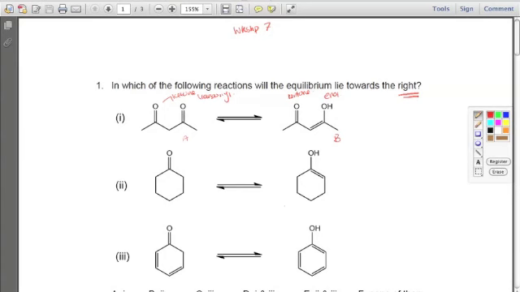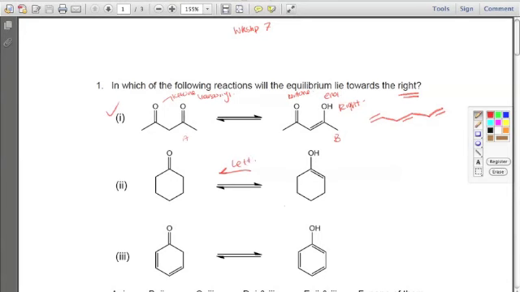If you recall from previously, you have a conjugated system like this with the double bonds, you could do the same thing here. So this one, the equilibrium is going to lie towards the right. So true. And remember what we just said previously, the ketone form with this rare exception is going to be the most stable, so this equilibrium is going to lie towards the left.